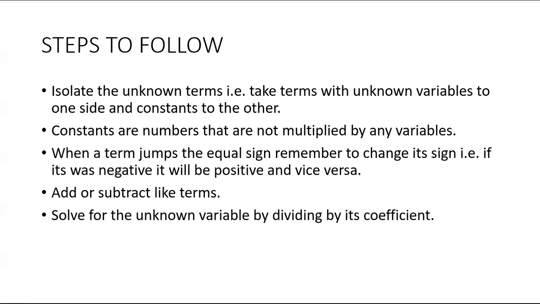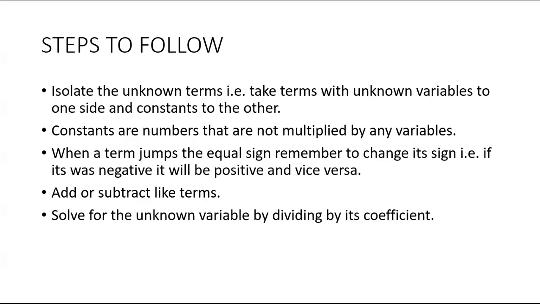What do we mean by changing signs? If it was positive, it will end up being negative. And if it was negative, it'll end up being positive. That only happens when a term is transposed across the equal sign.